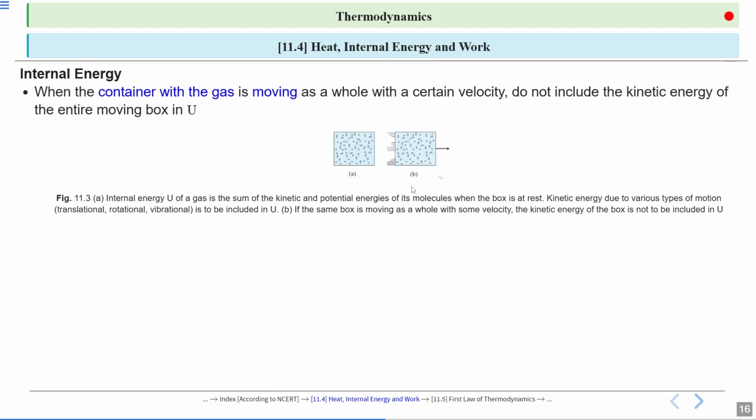Now the container with the gas is moving as a whole with a certain velocity.